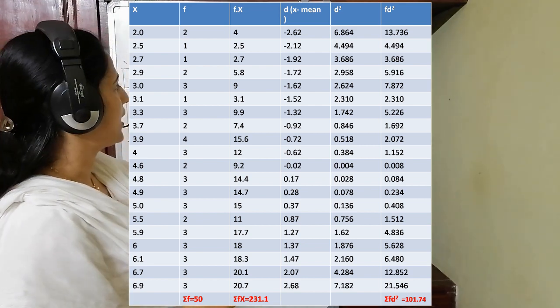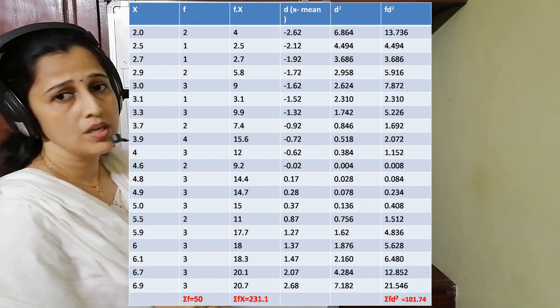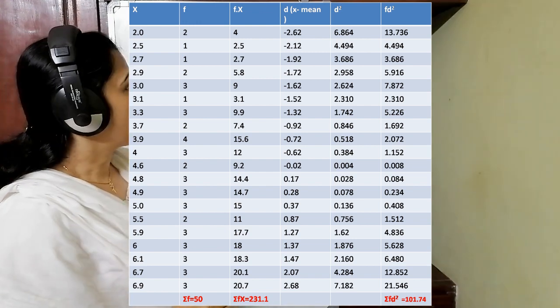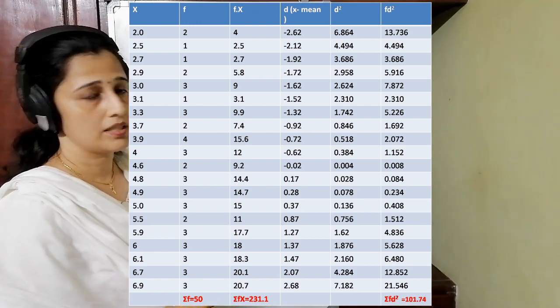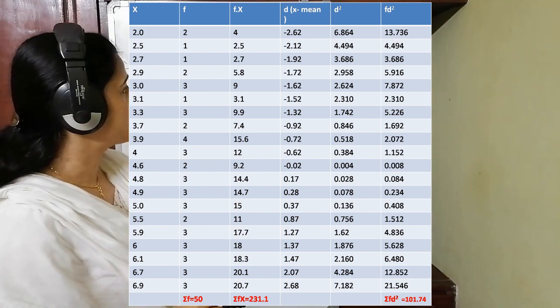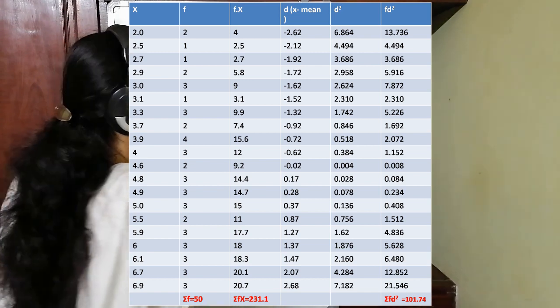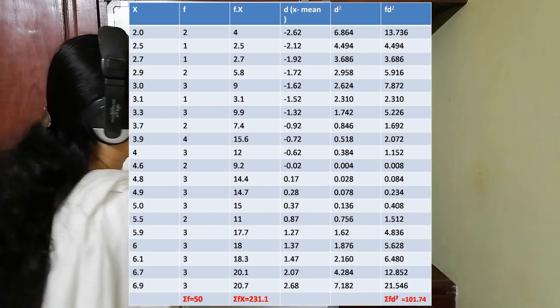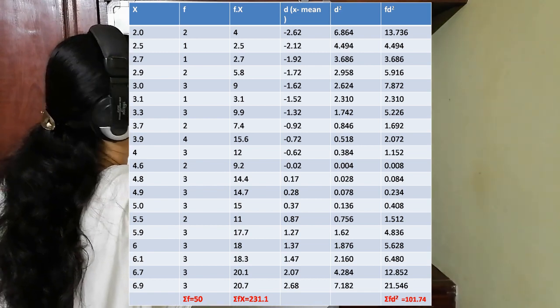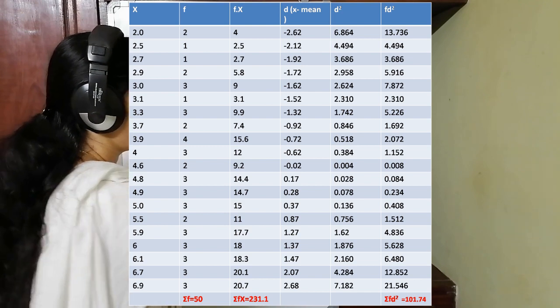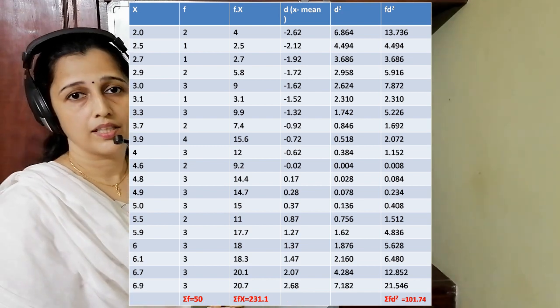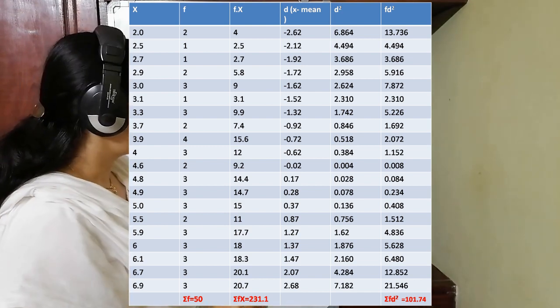Then FD square. FD square is F into 6.864. The first part is 6.864 into F, that is equal to 13.736. Likewise, complete the table.